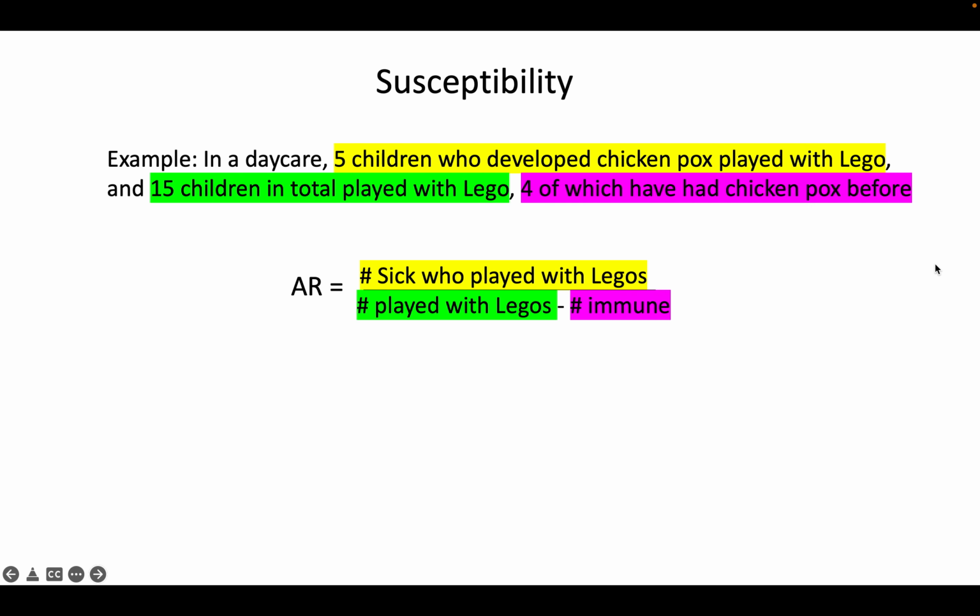So pulling information out of that, we have our numerator, the number sick and exposed, 5. The number who played with Legos in total was 15, but of those, 4 were ineligible to become sick, presumably because they've had chickenpox before and are now immune. So now we can subtract those 4 from our population exposed, and we get an attack rate of 0.45.